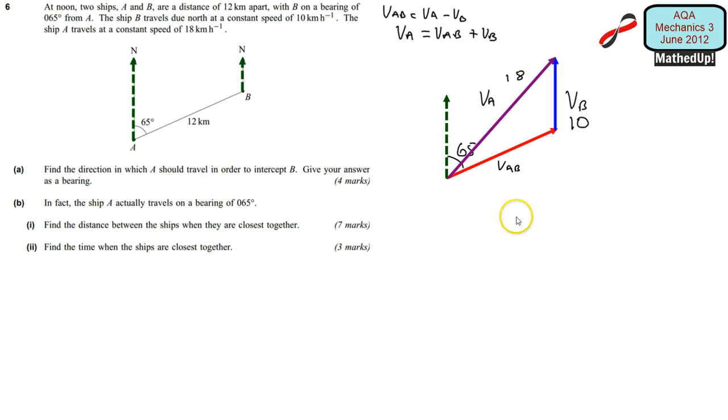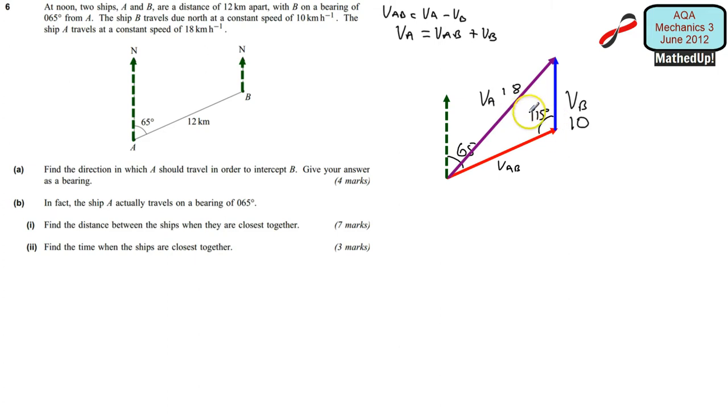So we've got the value of 18 and the value of 10 there. In order to work out the direction A should travel, we're looking for this angle here. If I mark on the angle that I know, that there is 65 degrees, so this here is going to be 115 degrees because they need to sum to 180 degrees.